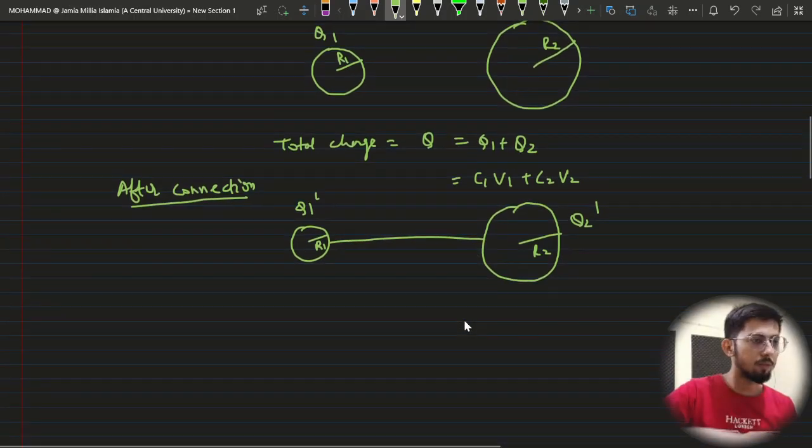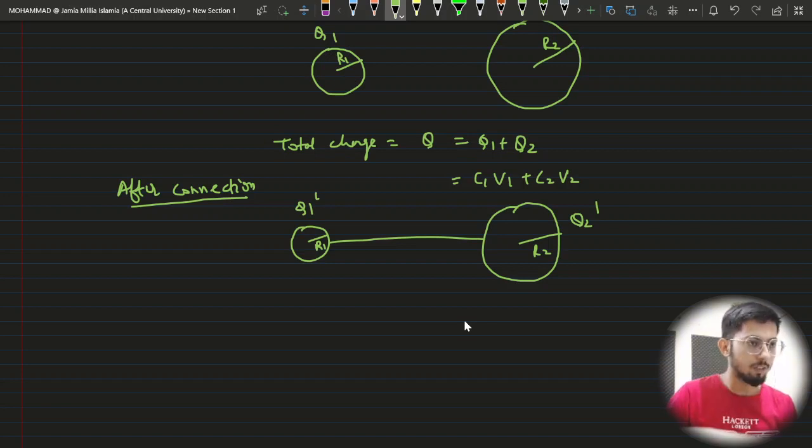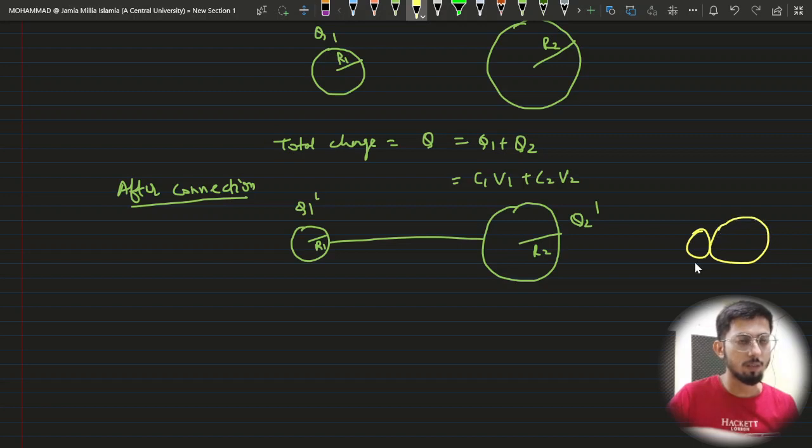Now what can you say about the charge on each one of them? What we need to see here is that when we connect them with a conductor, only then the charge flow takes place. You can also join them directly, it does not matter, you can also place it like this, it's the same thing.